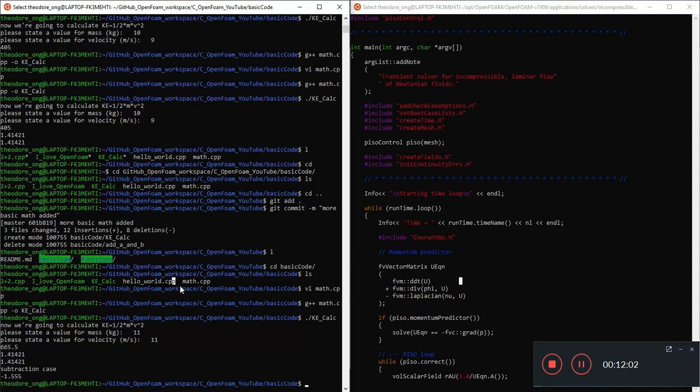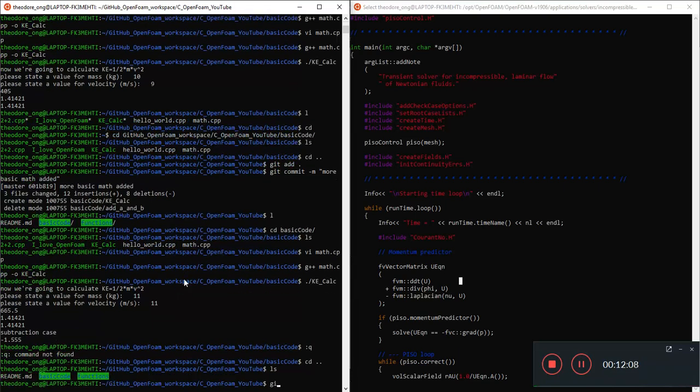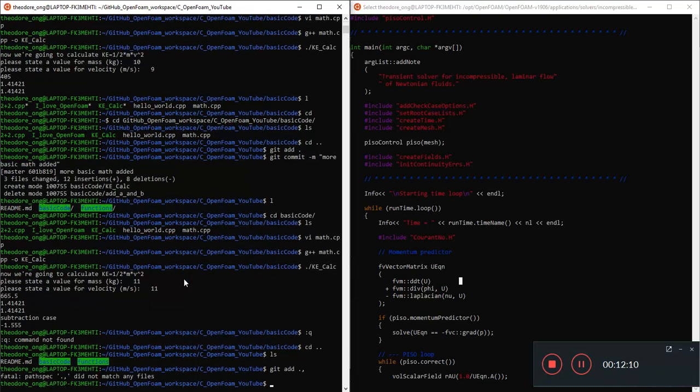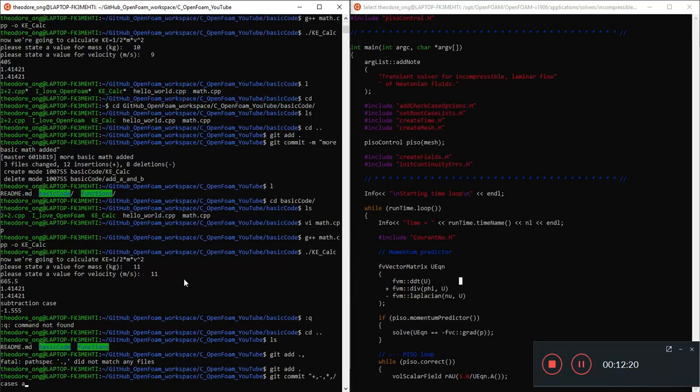So this is a very quick run through. So oops, wrong code. So git add, git commit, plus, minus, times, and divide cases demonstrated. Okay.